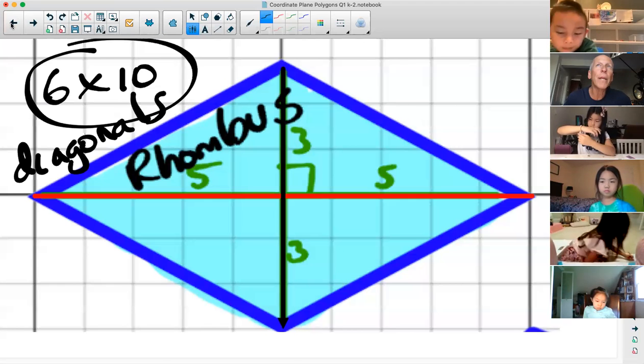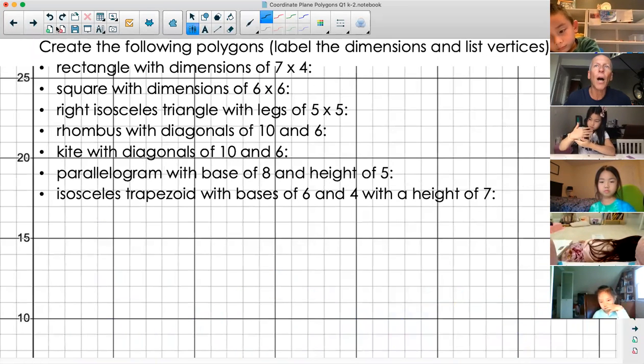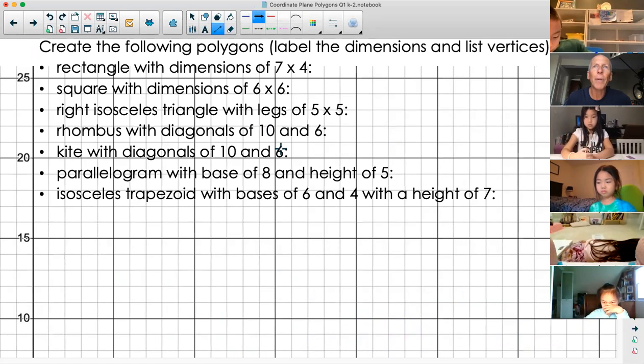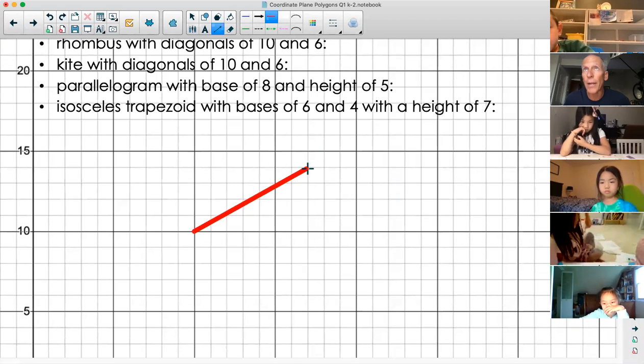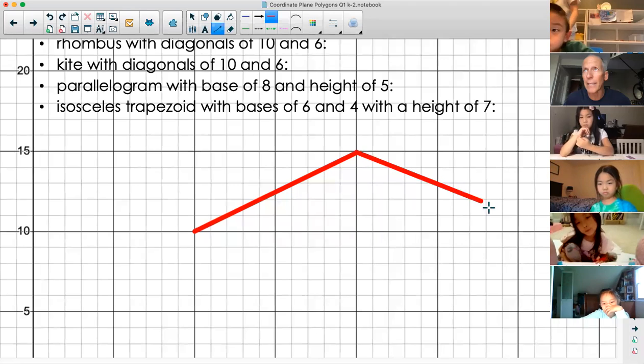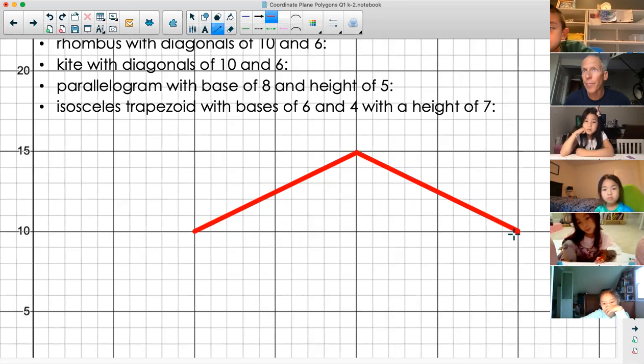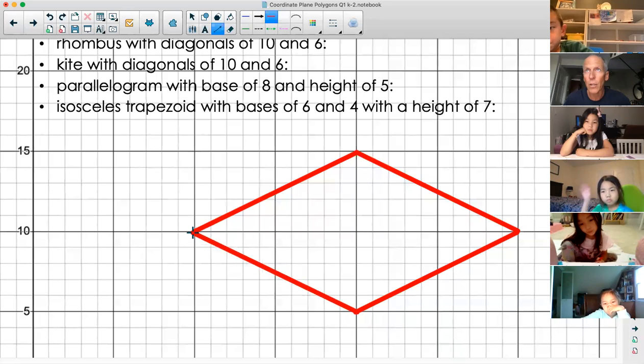Now, I'm wondering if I create another rhombus, how many of you could name it? Are you ready? I'm going to draw a red rhombus, and I want to see if you guys can name it. And then we're going to talk about what a rhombus really is.